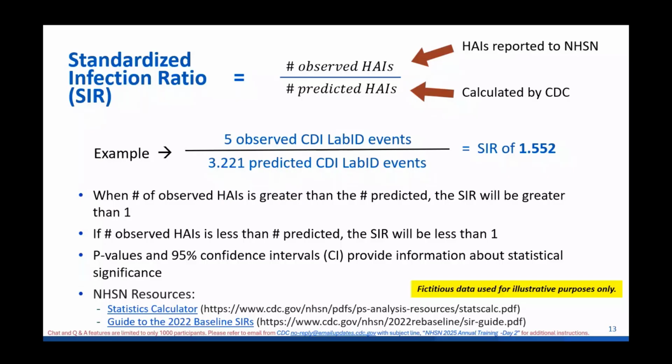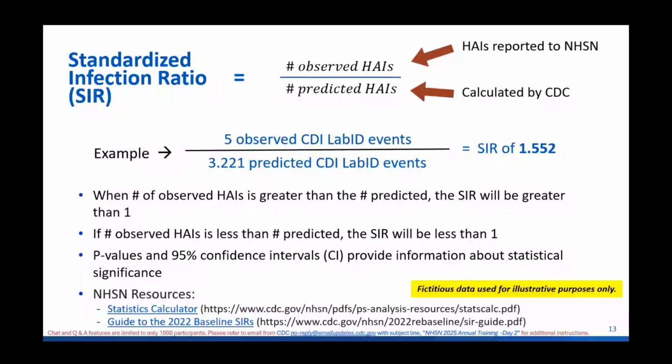And as a statistics team, all we have to do is count those and add them up. The bottom part, the denominator, is a little more entertaining for us. This is something we calculate, and this is what the new rebaseline models are going to inform, this number of predicted HAIs. But the nice thing is once you have both of these, the calculation of the SIR is very, very simple. It's an easy division.